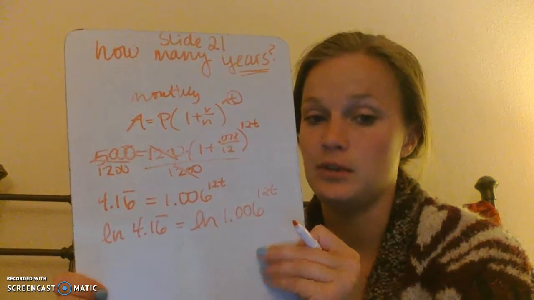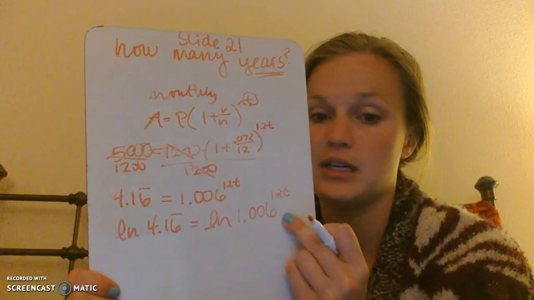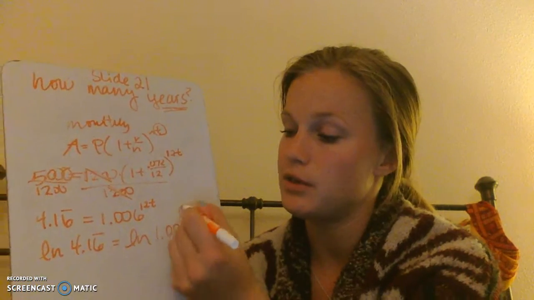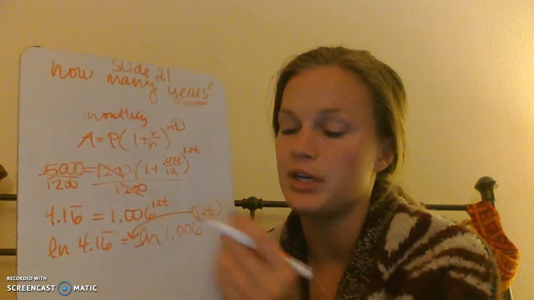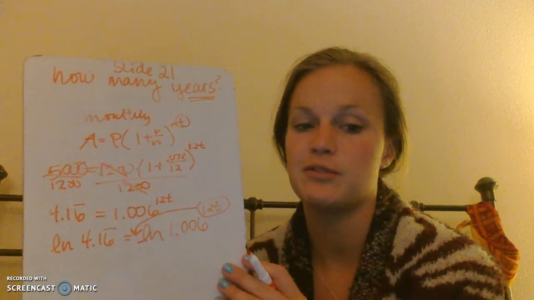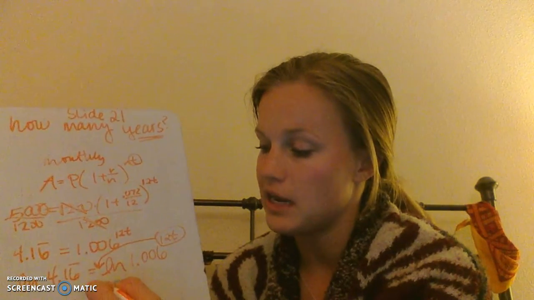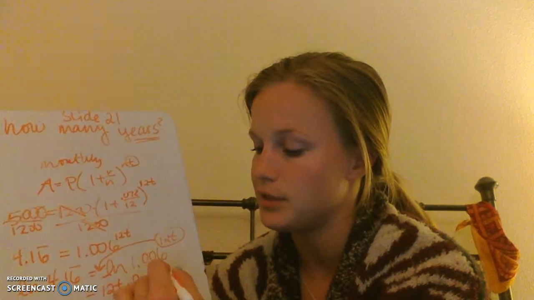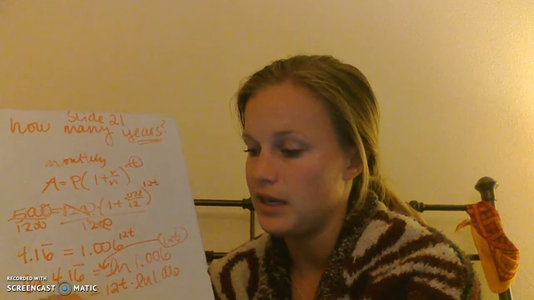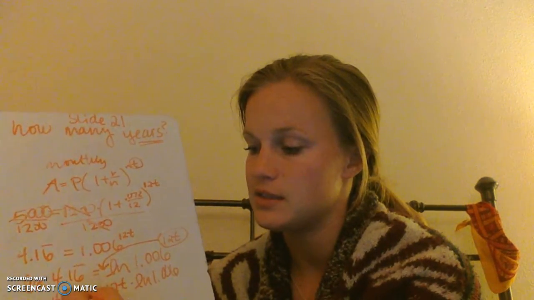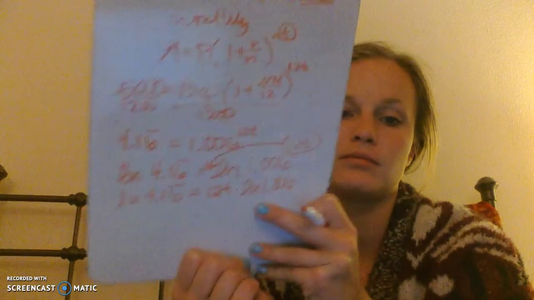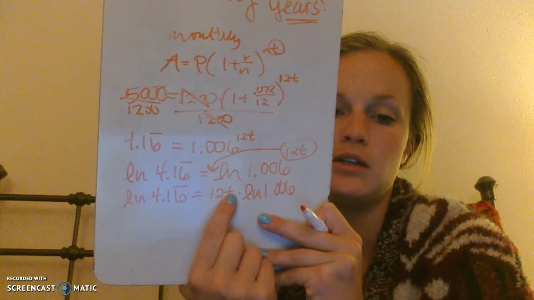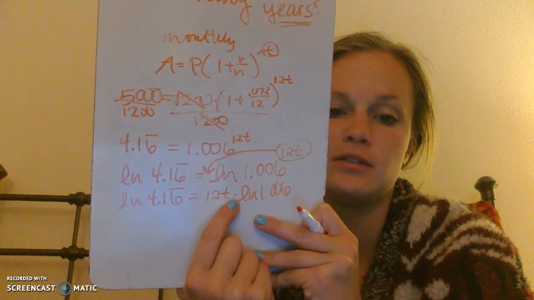The reason that's helpful is that now over here, because I have a log, I get to use my log properties, including the power property, which brings this whole exponent down in front. So this is now equal to 12t times the ln of 1.006, and my left side stays the same. Trying to get t by itself.